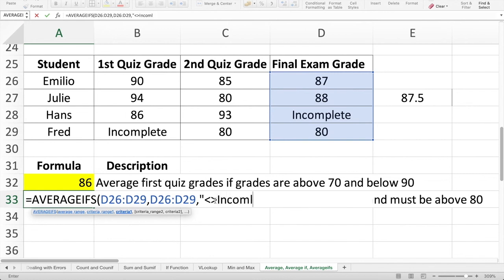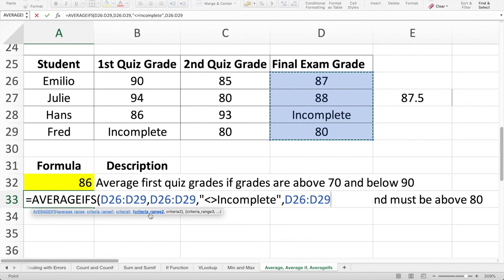Take note of the spelling and of course the capitalization, especially the letter I at the beginning. So just like this. Then apostrophe. That is our first criteria. Now, for the second criteria, it must be above 80. And where it is applied, of course, on these cells also, D26 to D29. And that is our criteria range 2.